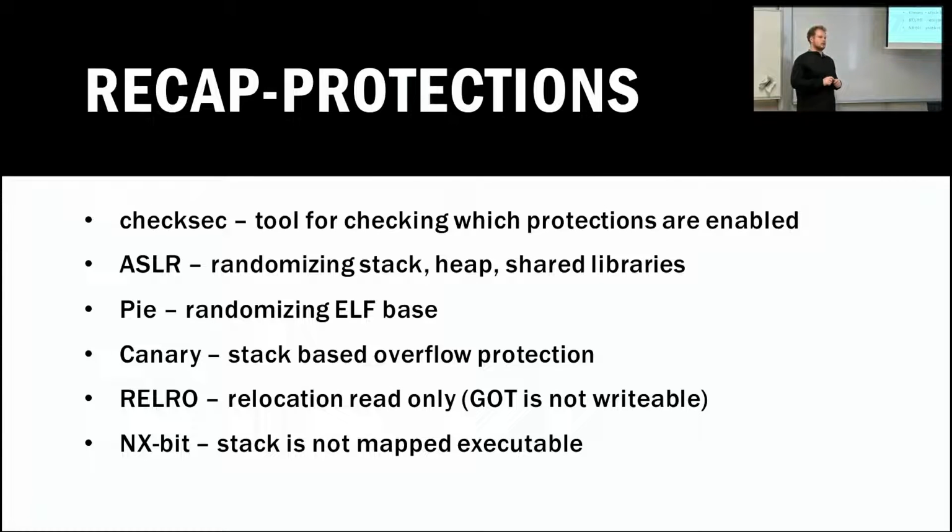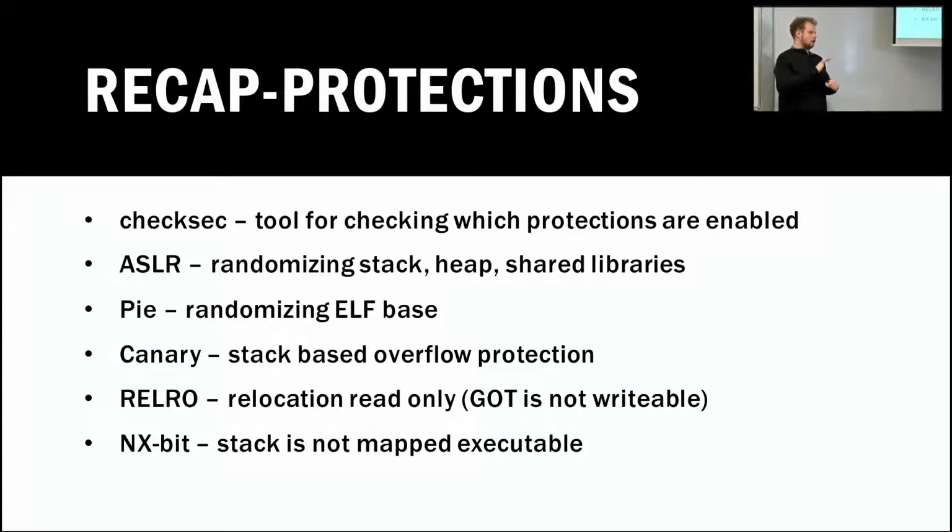The memory that is reserved or mapped for stack, heap, and for code that is inside shared libraries is randomized every time the program is being run. Then we have PIE, which is position independent executable. This is already a case of binary-specific protection. So we have to specify while compiling the binary if we don't want this protection enabled. What it does, it randomizes the ELF base.